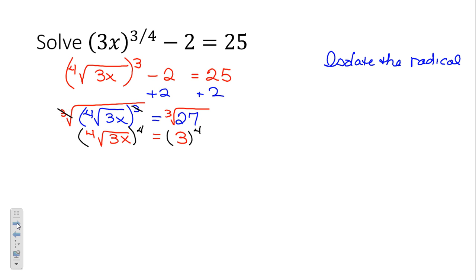What do you think, Kayla? Fourth root to the 4th power is going to go away, right? What's left? 3x. Good. And 3 to the 4th. Anybody have it memorized? 81. Last step. Divide by 3.